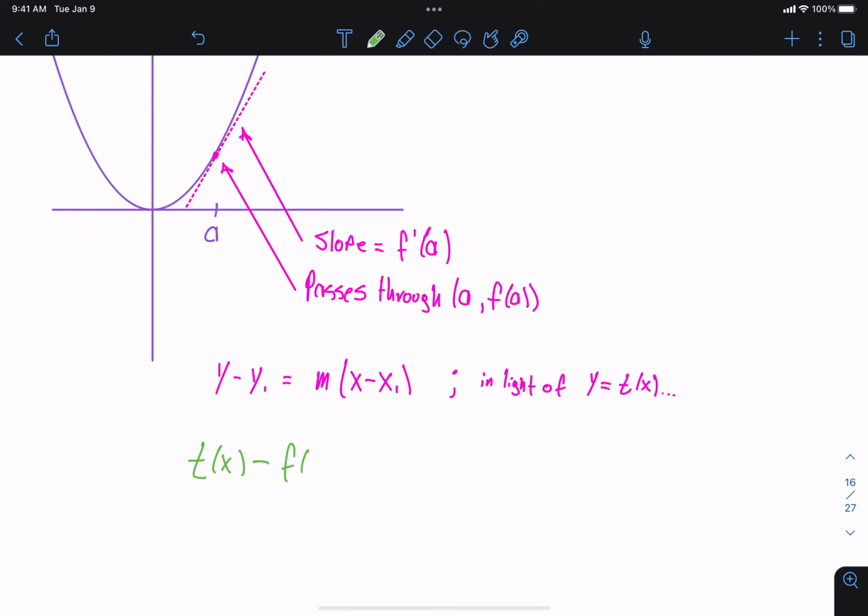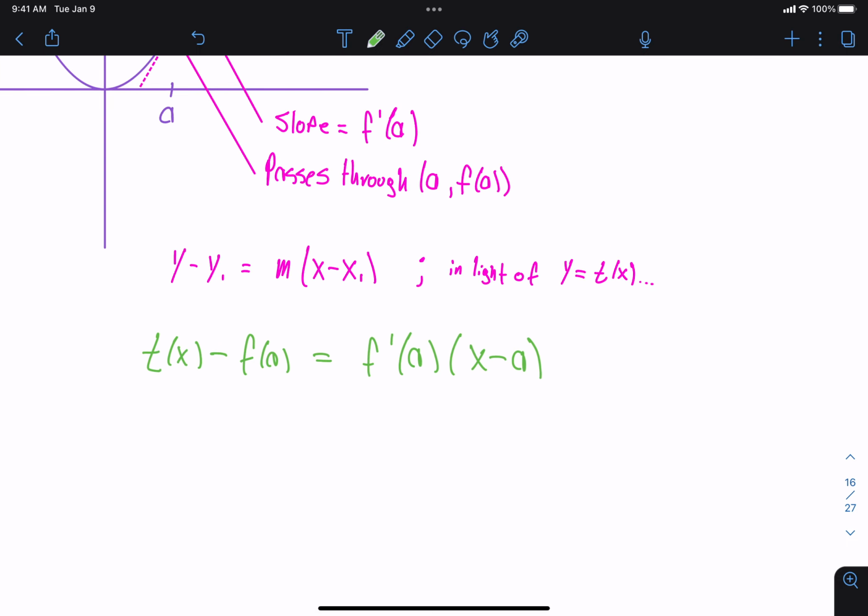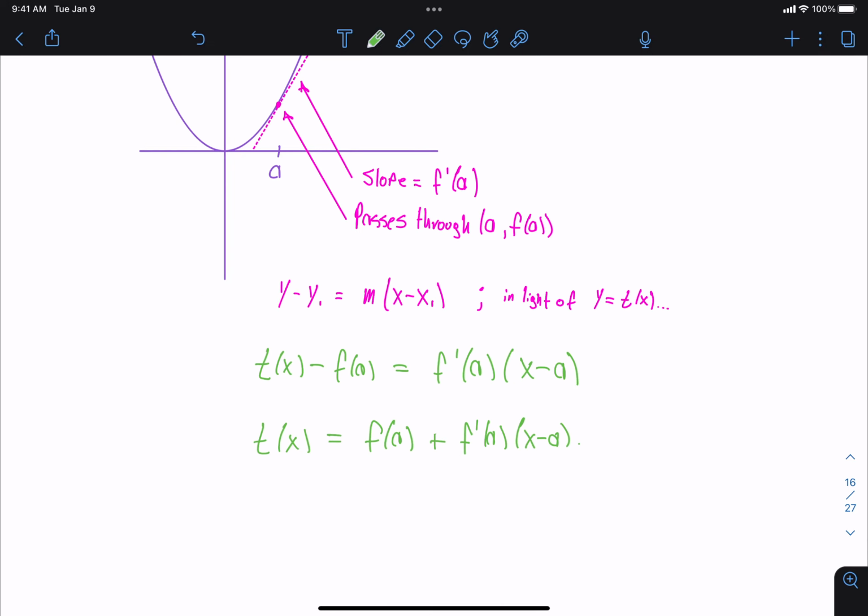So T of x minus f of a is equal to the slope, which is f prime of a, times x minus x1, which is the specific x value we are choosing to be a in this case. So we can derive this formula, which if we move f of a over to the other side, we get T of x equals f of a plus f prime of a times x minus a.